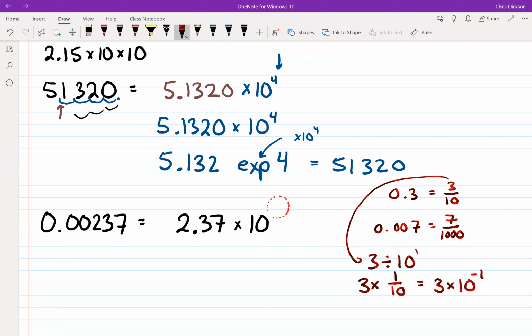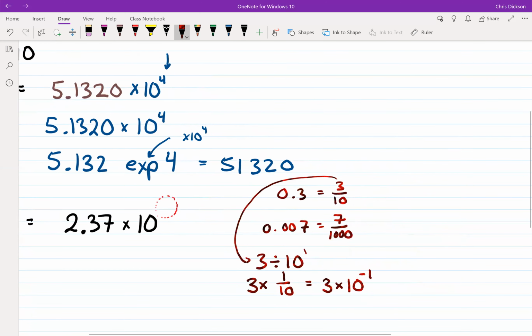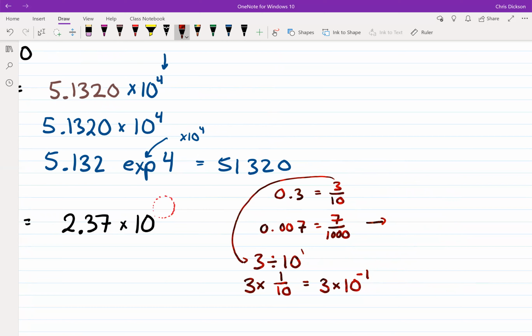So it's a negative power here, because you'd actually be dividing by 10. Now for the 7 one, this would actually be 7 multiplied by, let's do the division first, keeping the same pattern. So we'll take 7 and divide it by 1,000, right? And of course, that's the same as 7 multiplied by 1 over 1,000.